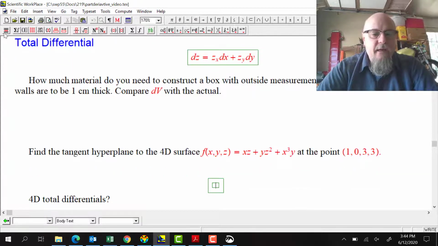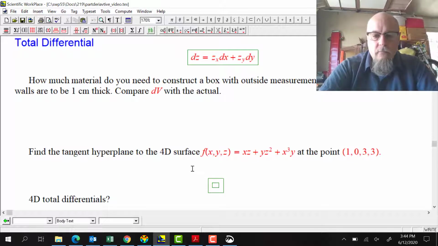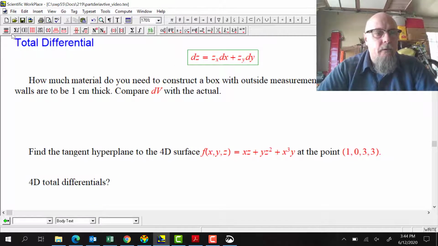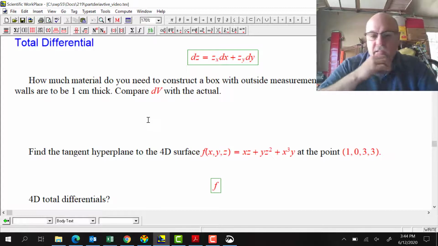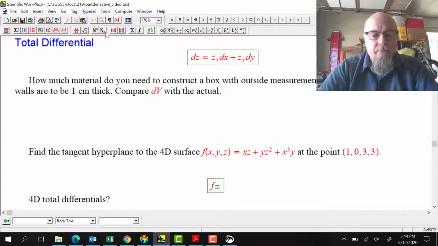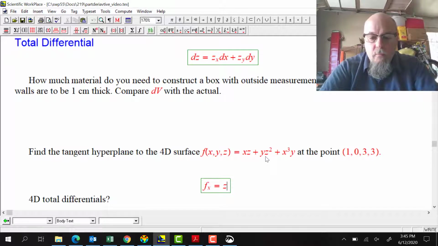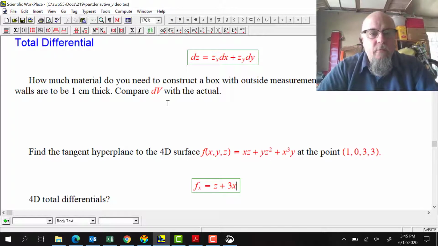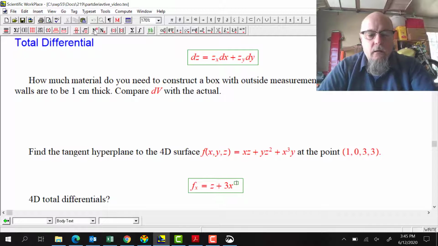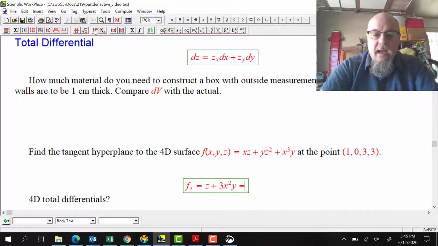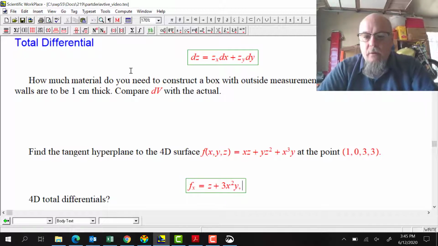So first thing I need then is I need the derivative with respect to x of our function. So that's going to be z times 0 plus 3x squared y. And I need that as a number. So at the point 1, 0, 3, 3.